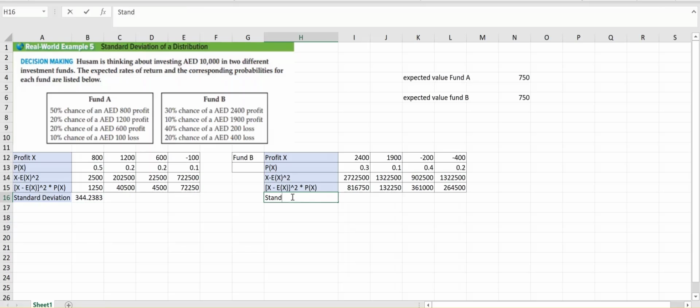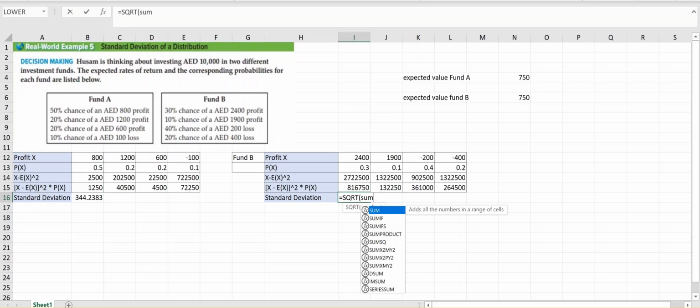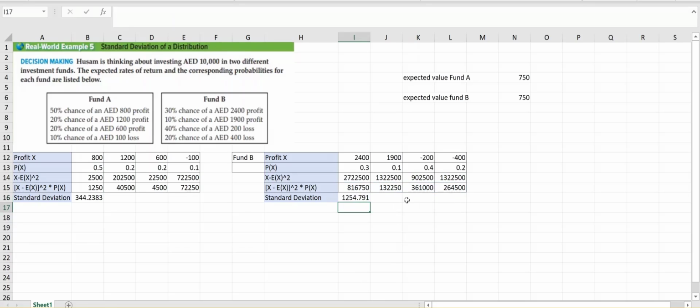The standard deviation is equal to SQRT, open bracket, and then open another bracket, and we sum these numbers, with a double bracket to close.